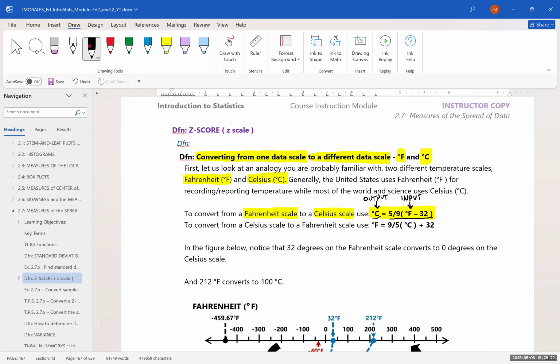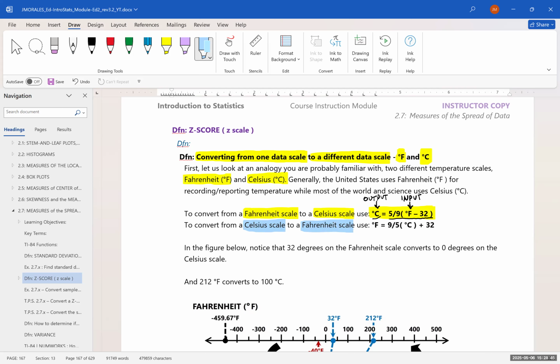What we're doing is taking a value on the Fahrenheit scale and translating it to a Celsius scale. Now, that's going in that direction. What if we wanted to go in the opposite direction? We wanted to convert from degrees Celsius to degrees Fahrenheit.